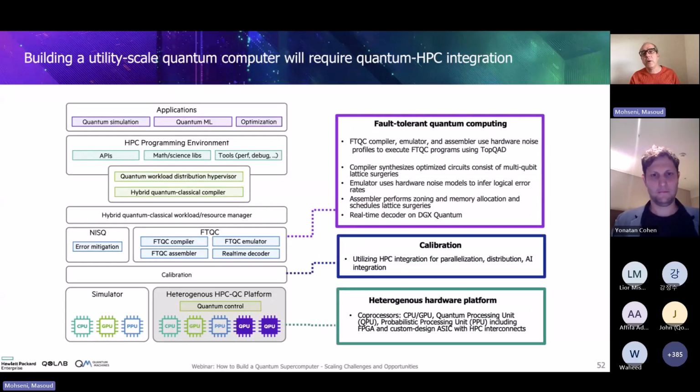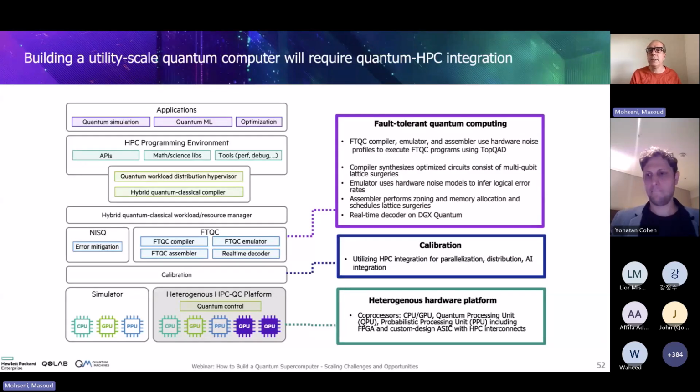So if you look at the lower layers of the stack, there's this fault-tolerant quantum computing layer. Of course, you can consider a NISQ layer for error mitigation, but I'm going to focus on quantum error correction. So you need a quantum operating system, consisting of compiler, emulator, and assembler. The compiler synthesizes optimized circuits, consisting of multi-qubit lattice surgery.